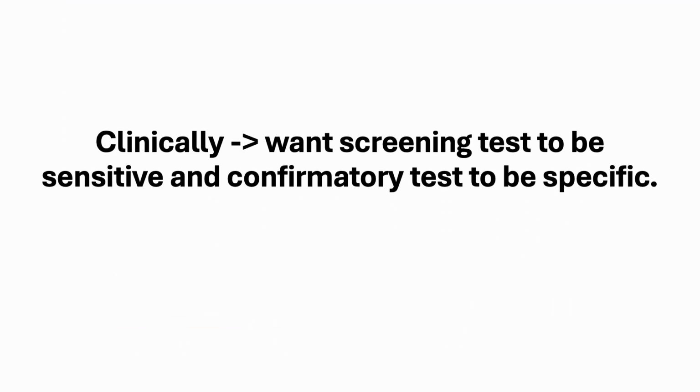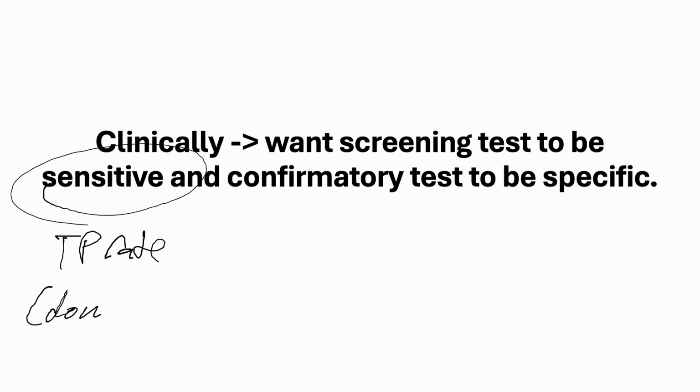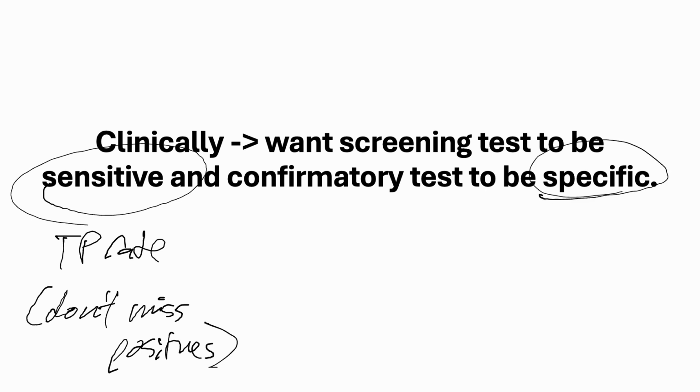So clinically, you want your screening test to be sensitive, right? Because this is your true positive rate, so you don't want to miss positives. And you want your confirmatory test to be specific, because this will assess your true negative rate.